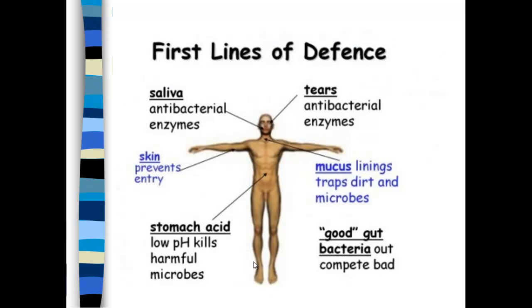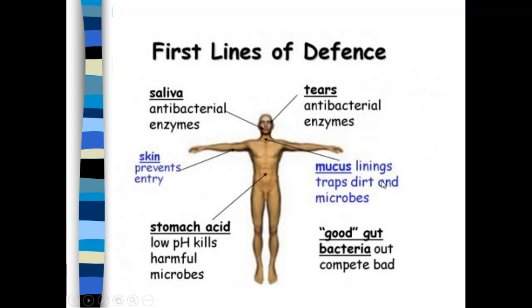Okay, so here's just an overview of the first line of defense. You've got saliva. Saliva includes antibacterial enzymes like lysozyme, which works directly against peptidoglycan. Tears also have antibacterial enzymes, including a different type of lysozyme.